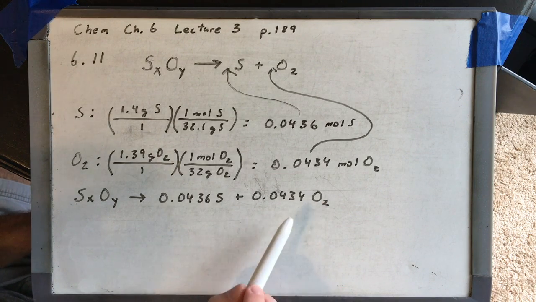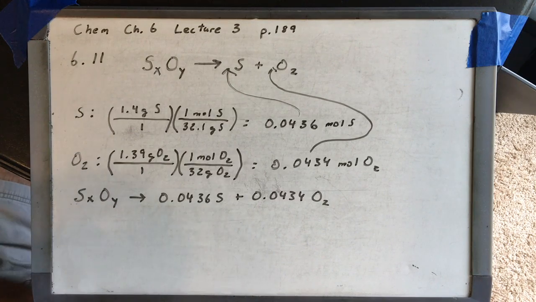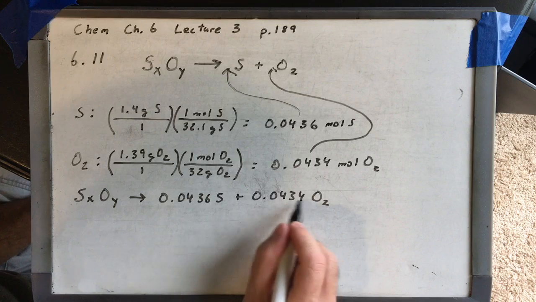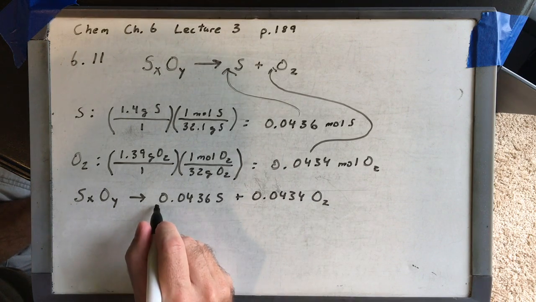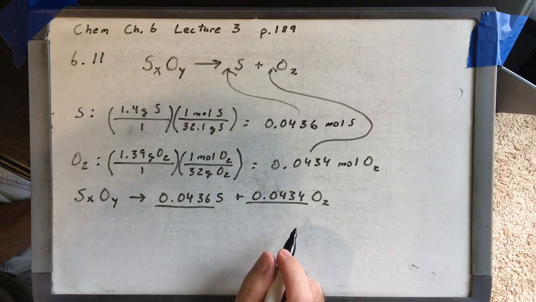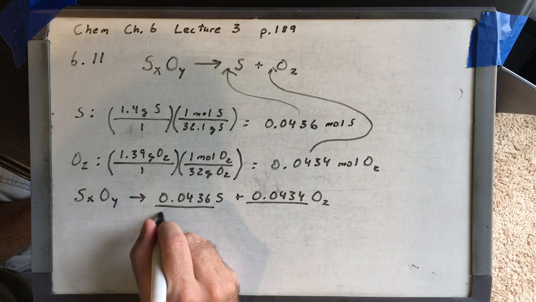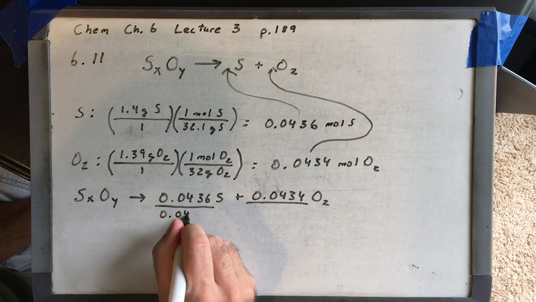Okay? So here's the trick to change these decimal numbers into whole numbers. You want to divide each of these decimal numbers by the smaller number. So between 0.0436 and 0.0434, we'll divide by 0.0434.